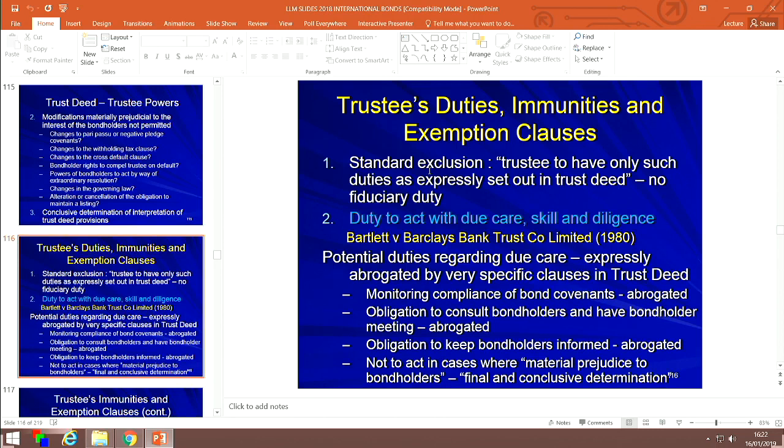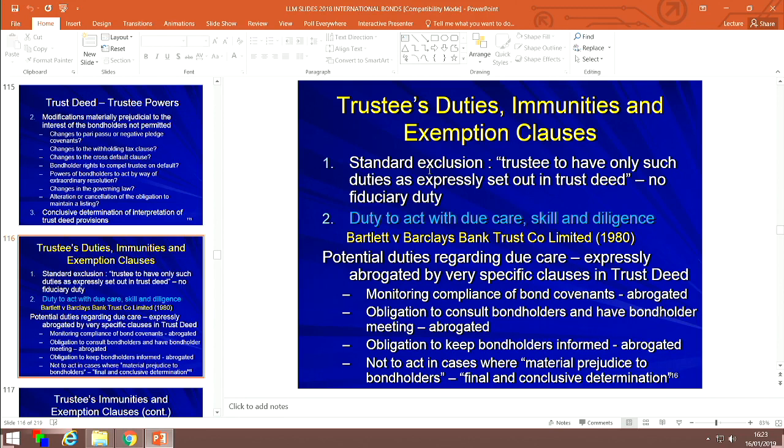Next one. Trustee should not act in cases where material prejudice to the bondholders occurs. Now that has not been abrogated, but whether material prejudice does or does not exist is made subject to the final and conclusive determination of the trustee.